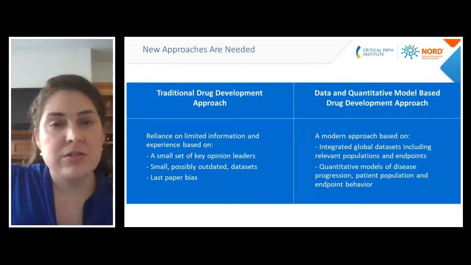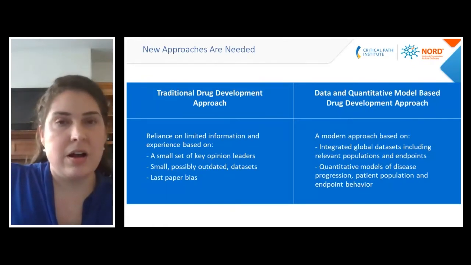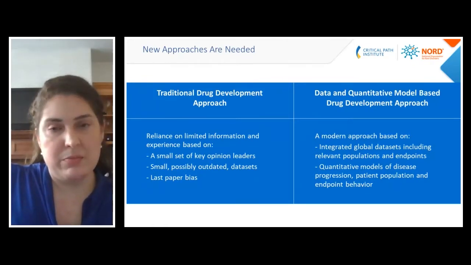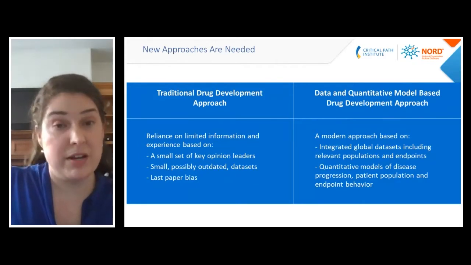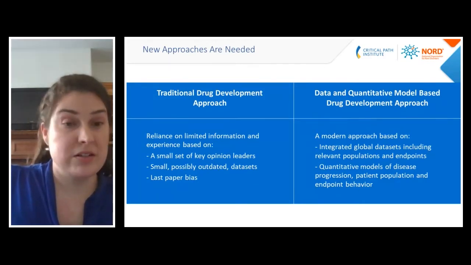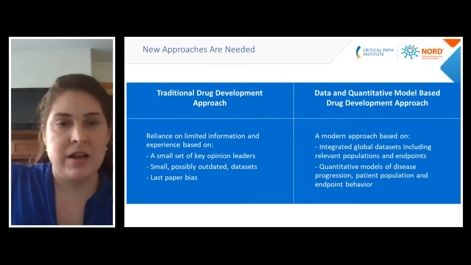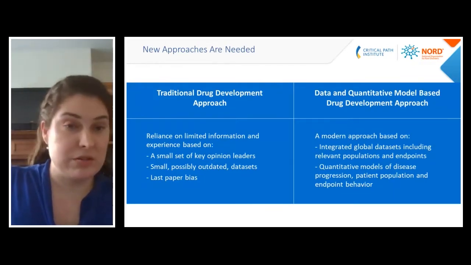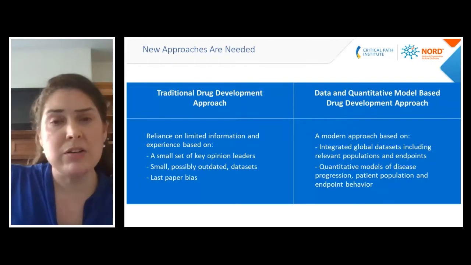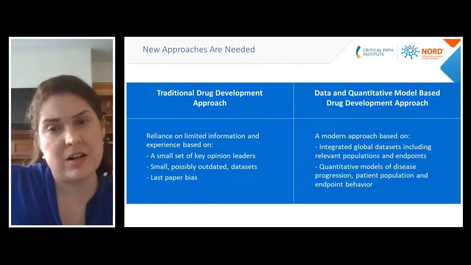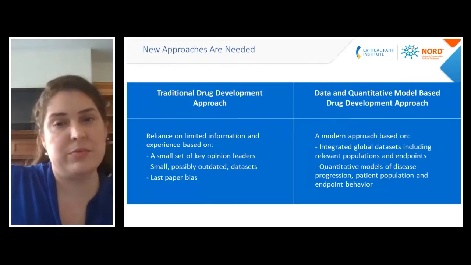I compared earlier some of the examples of progression through a standard drug development procedure for a clinical trial and the many years that takes. We're looking for ways to accelerate this process. So instead of using the traditional approach that relies on limited information, small data sets, potentially outdated data, and a bias to the most recently published paper, we're now looking to more creative options like data and quantitative model-based drug development approaches.